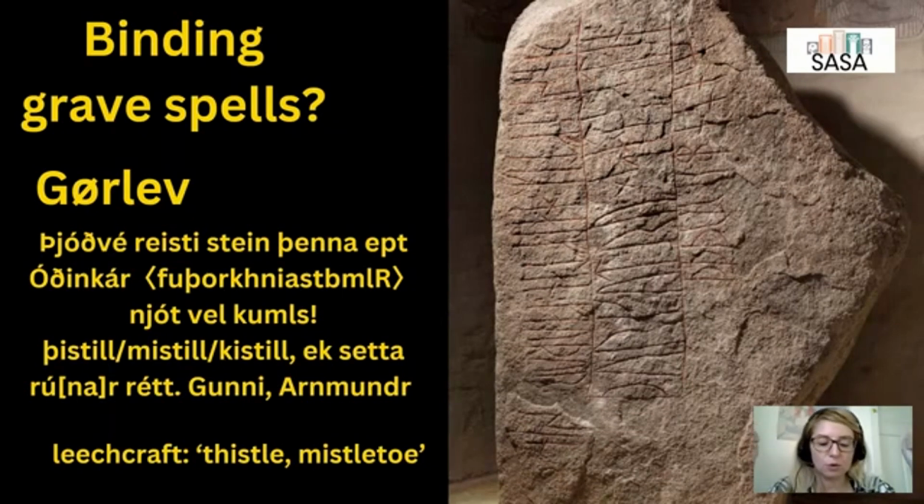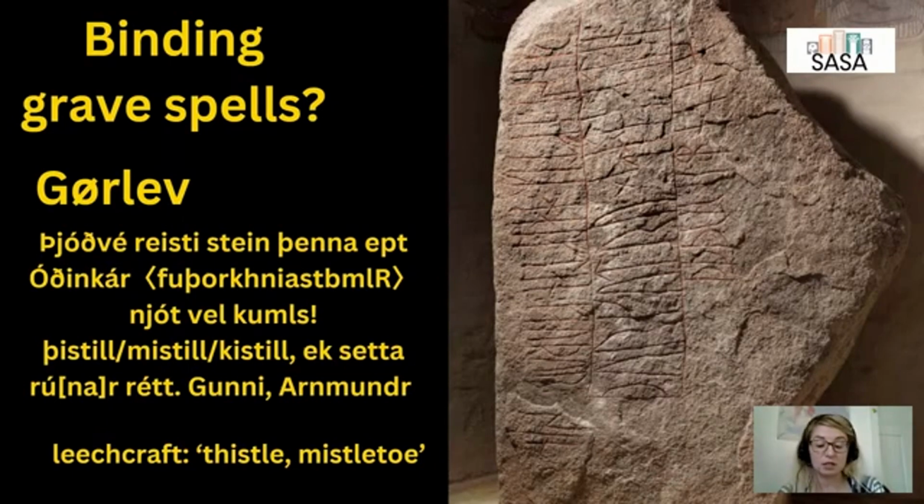I placed the runes rightly, Gunni, Armund. This thistle mistletoe thing is also used in spells related to healing, or to use an older term, leechcraft. So there's definitely something magical going on here.